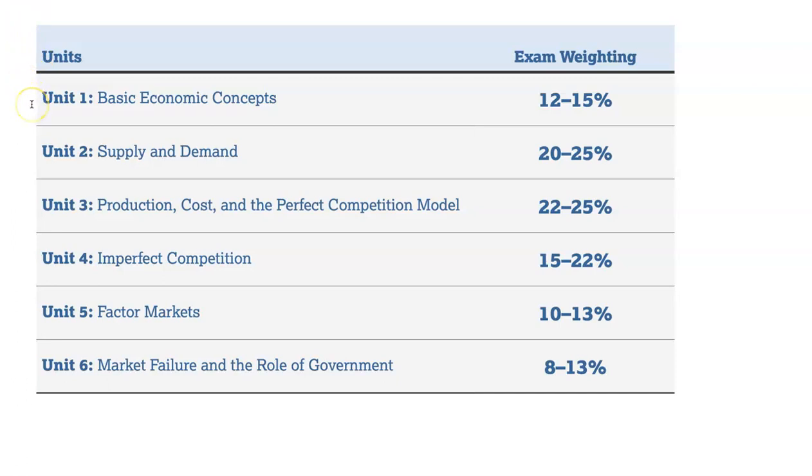Unit 1 is basic economic concepts, Unit 2 supply and demand, Unit 3 production cost and the perfect competition model. Then in Unit 4 we get into some of the imperfectly competitive models like monopoly, monopolistic competition, and oligopoly, and then factor markets before finishing up with market failures and the role of government.